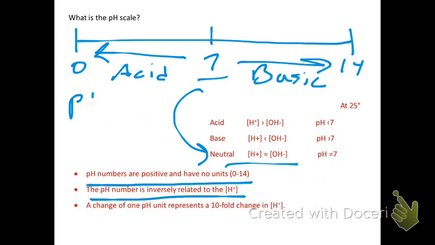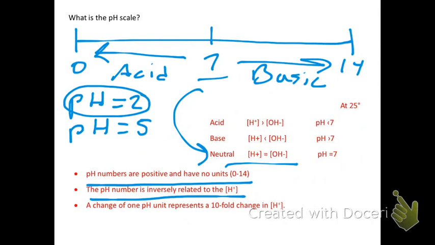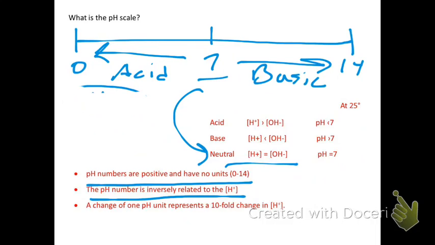So when you're looking at a pH of 2 versus a pH of 5, the smaller the pH, the more acidic the acid is. So we would look at a pH of 2 as a stronger acid or a more concentrated acid than a pH of 5. So what we could say is the acid strength goes up as we get a lower pH.